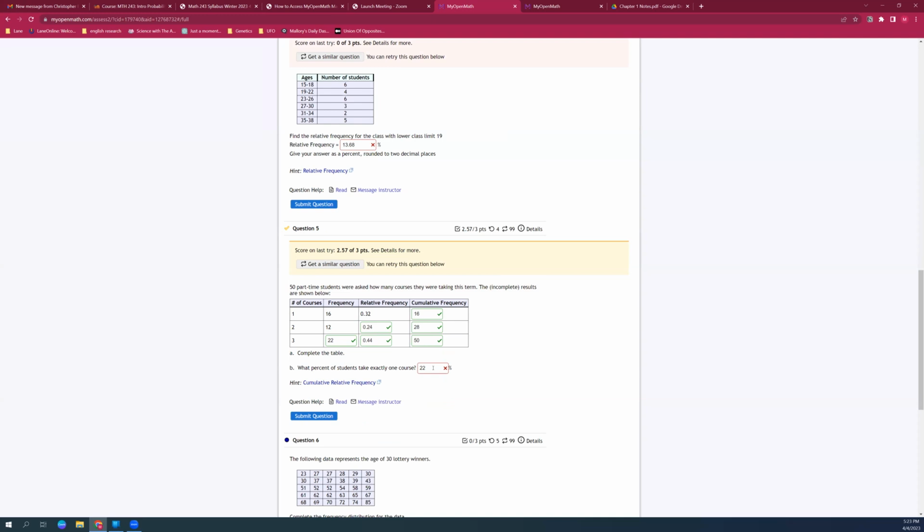I guess not, but the relative frequency is 0.32. So that's the percent, 32%. Okay. I see. So you get another try, so make sure you enter that 32. Now I got it right.